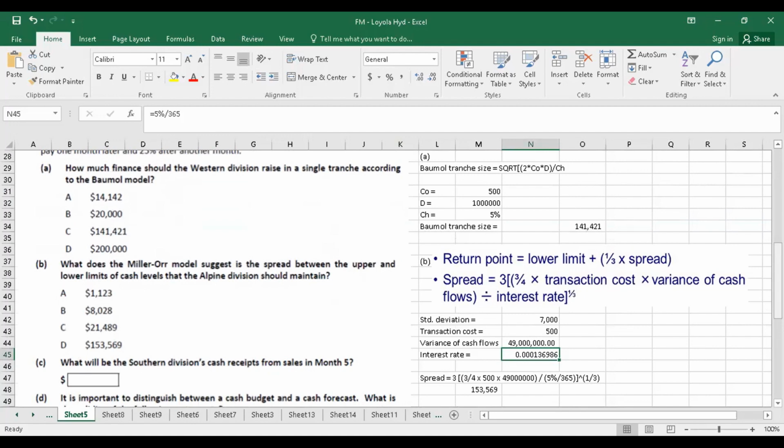Substitute the values in the equation of spread. Spread is equal to 3 into, so there's one whole long calculation which is under cube root.